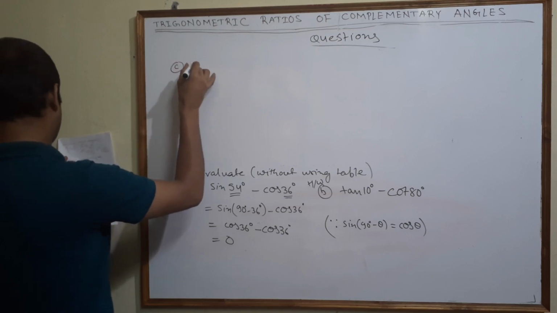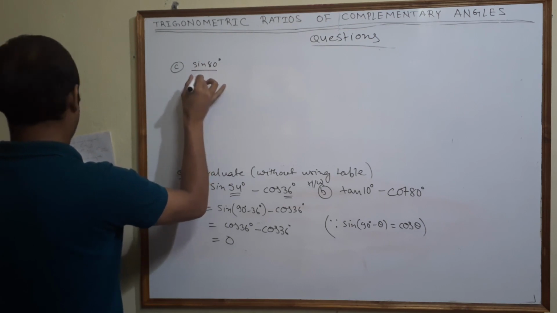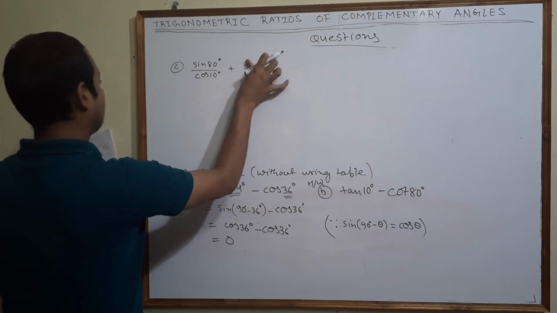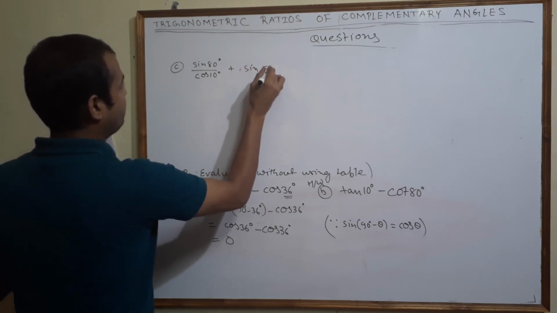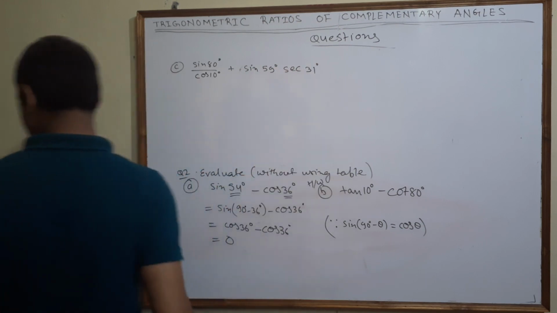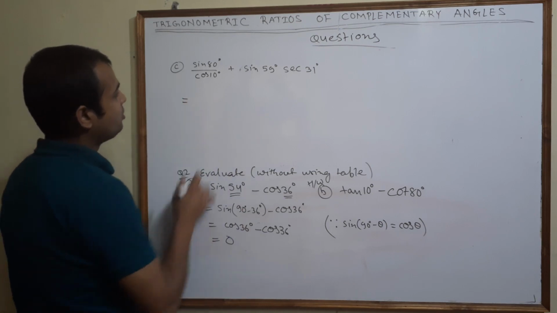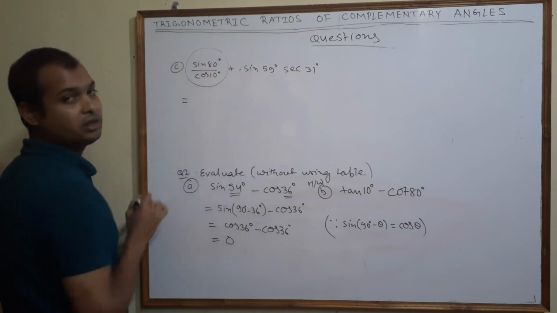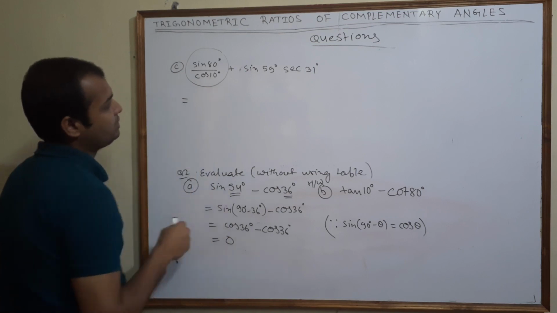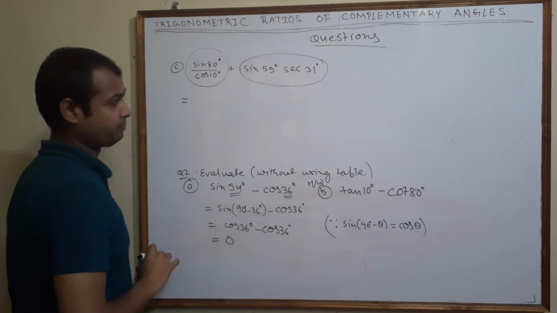C. sin 80 degree upon cos 10 degree plus sin 59 degree sec 31 degree. Here you observe that in this term 80 and 10 are complementary, 80 plus 10 is 90, and in this term 59 plus 31 is 90.